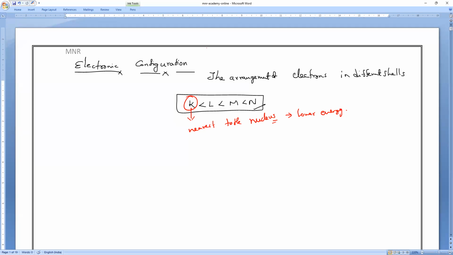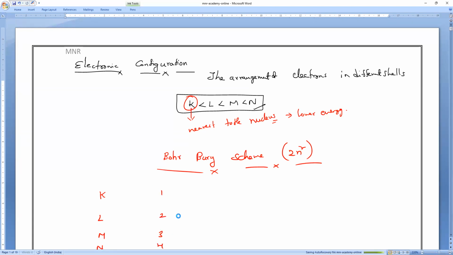Next, in each shell, what is the maximum number of electrons? How can we find it? By the Bohr-Bury scheme. What is the formula? 2n square. The shells K, L, M and N are shell numbers 1, 2, 3, 4. So the maximum number of electrons: 2 into 1 square is 2.